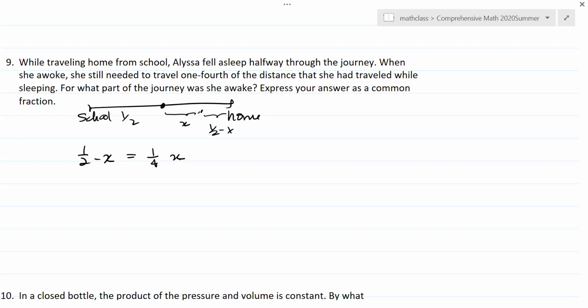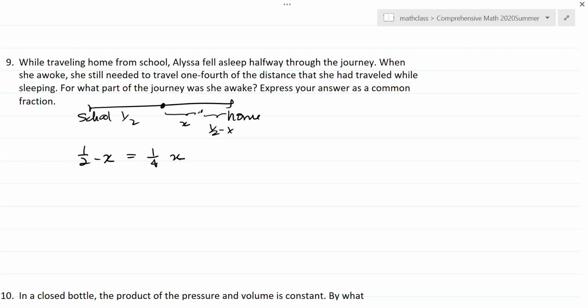So that is the equation. Let's understand. When she was sleeping, she traveled X miles, for example. And so she found out she still needed to travel 1/4 of that distance, so that the remaining was 1/2 minus X.